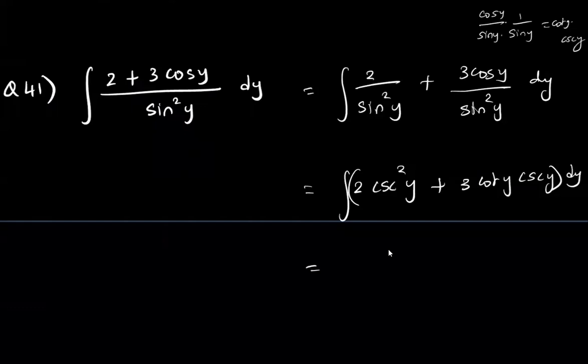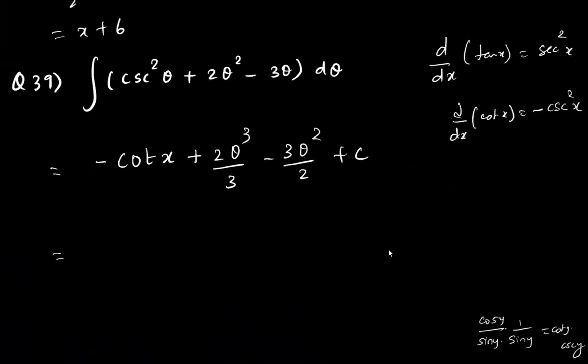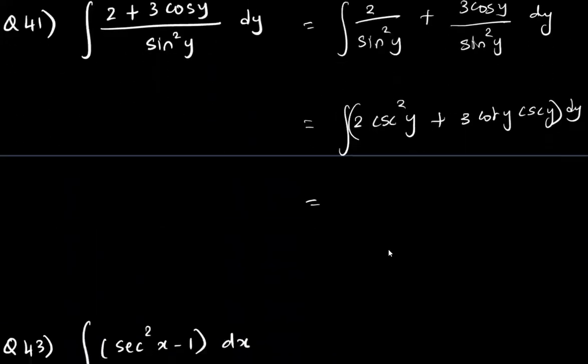And then what are the antiderivatives? So cosecant squared, we just saw that the derivative of cotangent is negative cosecant squared. So the antiderivative of cosecant squared is negative cotangent. And then cotangent cosecant would be negative cosecant, and that's your answer.